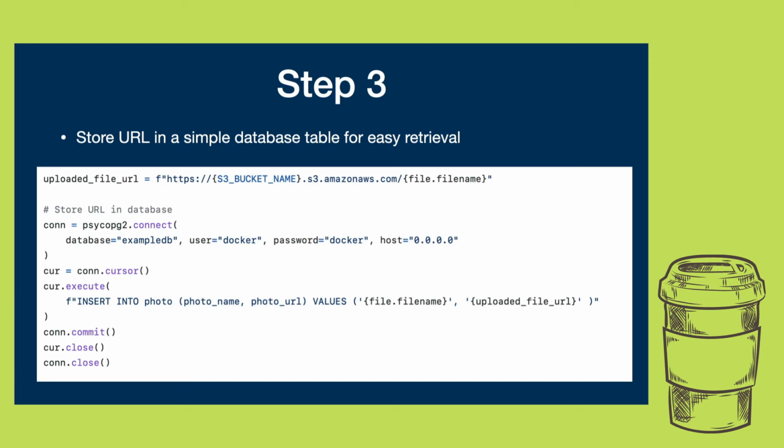The ID is auto-incrementing, so we don't really care about it when inserting. And at the end, you can see we're committing the mutation, and closing the cursor and the connection. At this point, you will have your file uploaded into S3 and the URL of that S3 directory stored in your local Postgres or some other simple database.